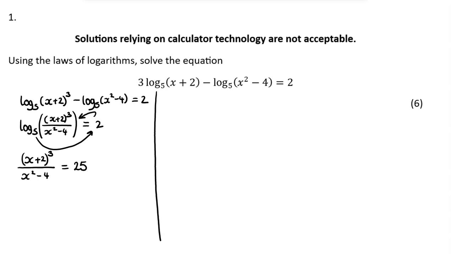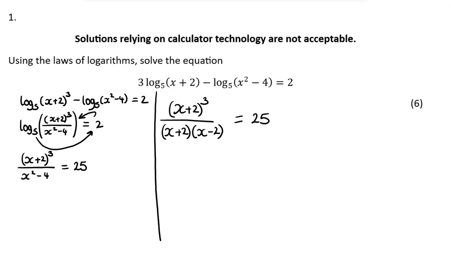So I'm now going to go ahead and solve that equation for x. But what actually I'm going to do before I just start multiplying through is I can look at the x squared minus 4, and what I can do there is realise that I can use the difference of two squares to write that as x plus 2 times x minus 2.